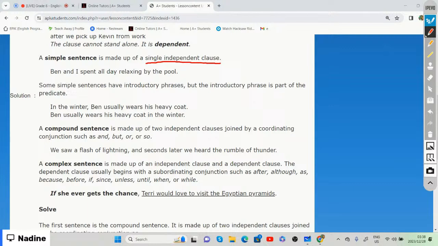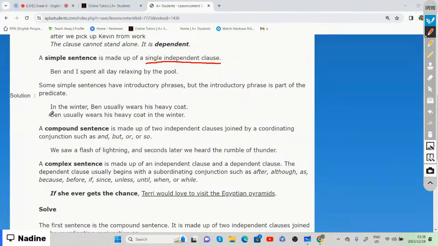They said some simple sentences have introductory phrases, but the introductory phrase is part of the predicate. For example, "in the winter," that is an introductory phrase. Now we start with our subject: "Ben usually wears his heavy coat."